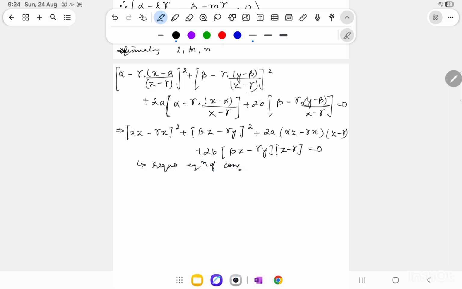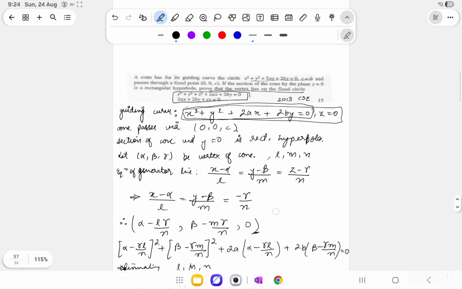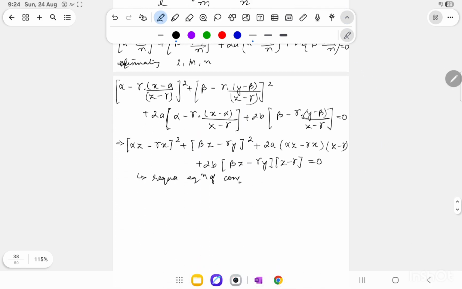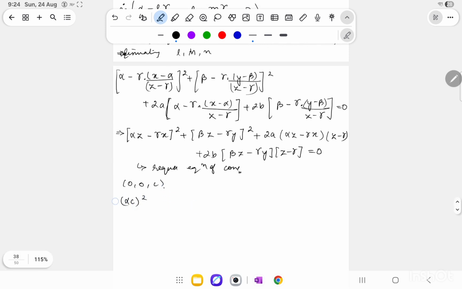But we are not supposed to find the equation of the cone. We are supposed to find the locus of the vertex. The question itself further says that the cone passes via (0, 0, c). So if this cone, let's name it star, passes via (0, 0, c), we'll get (alpha c) whole square plus (beta c) whole square plus 2a alpha c into c plus 2b beta c into c equals 0.